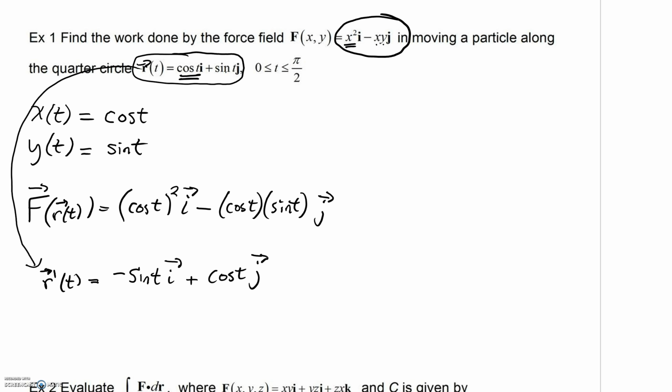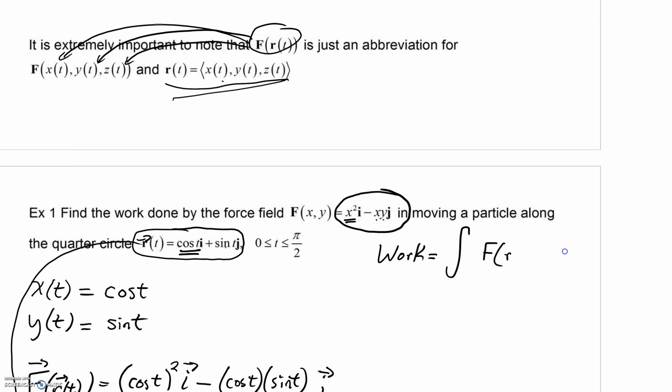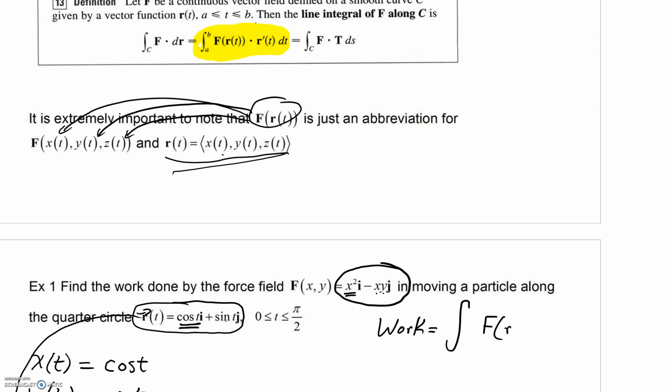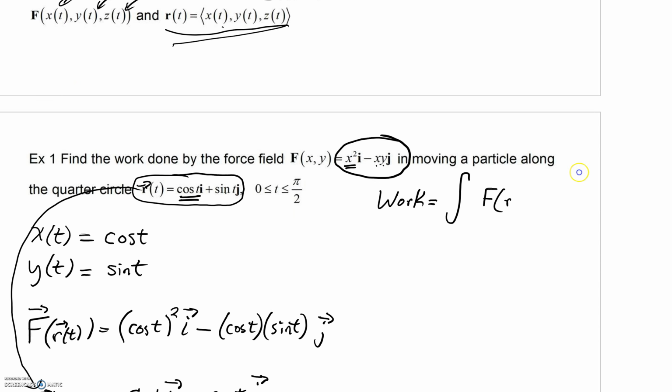You see, what we saw was work was this line integral where we could definitely change from a line integral. As you can see right here, the benefit is in the middle, I have this as a function of t, really.